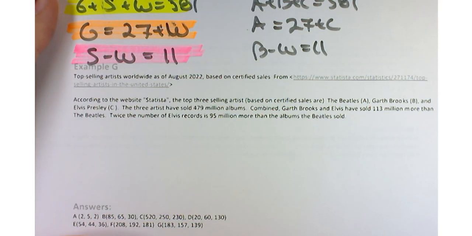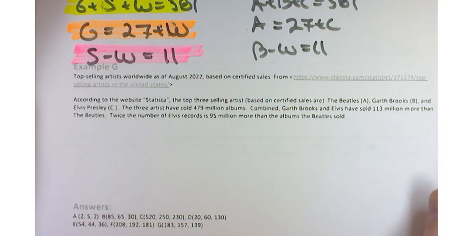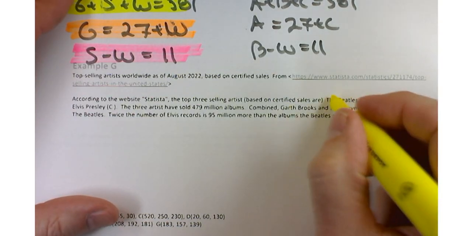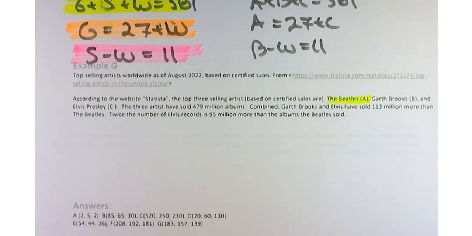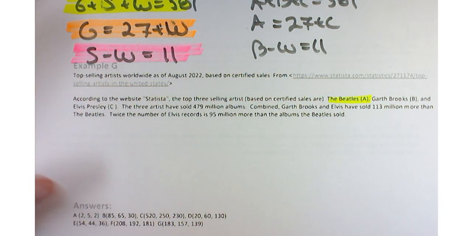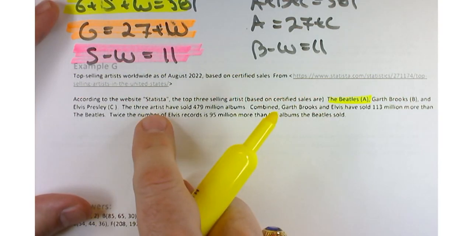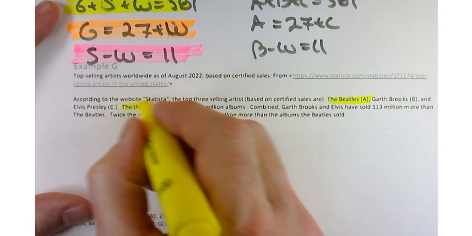According to Statista, the top 3 selling artists based on certified sales are the Beatles, Garth Brooks, and Elvis Presley. So we'll just use A, B, and C, respectively. I probably shouldn't be putting these in different colors because I'm going to save that for something else. The 3 artists have sold 479 million albums. That's a lot of albums.